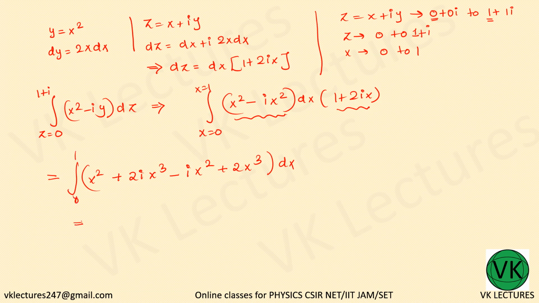So each term we can take x cube by 3, again 2i into x to the power 4 by 4, minus i into x cube by 3, plus 2x to the power 4 by 4. Now this all integral has limits from 0 to 1.